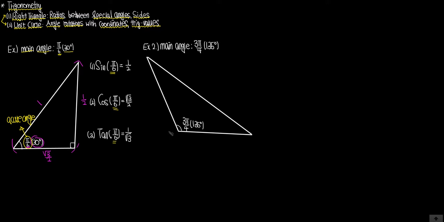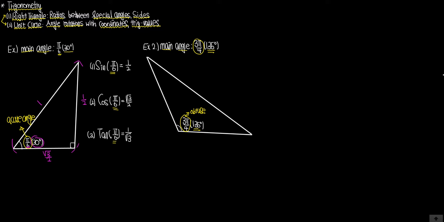So this is a triangle with the main angle, or central angle, as 3 pi over 4. 3 pi over 4 is a radian measure for 135 degrees. And 3 pi over 4 is obviously an obtuse angle, which is greater than 90 degrees, or 135 degrees, another way to express it.